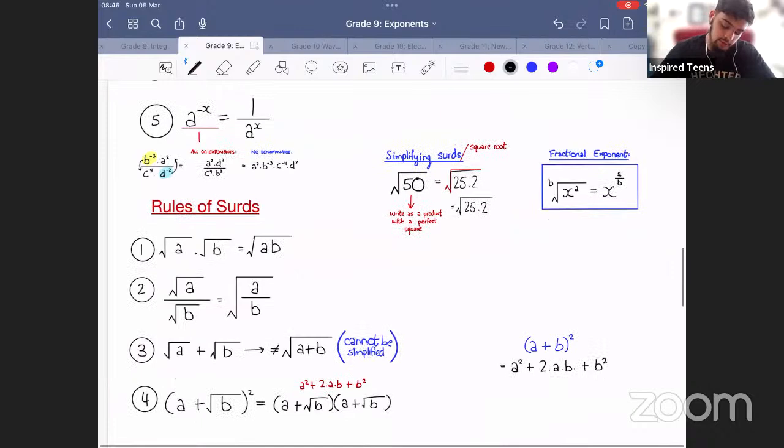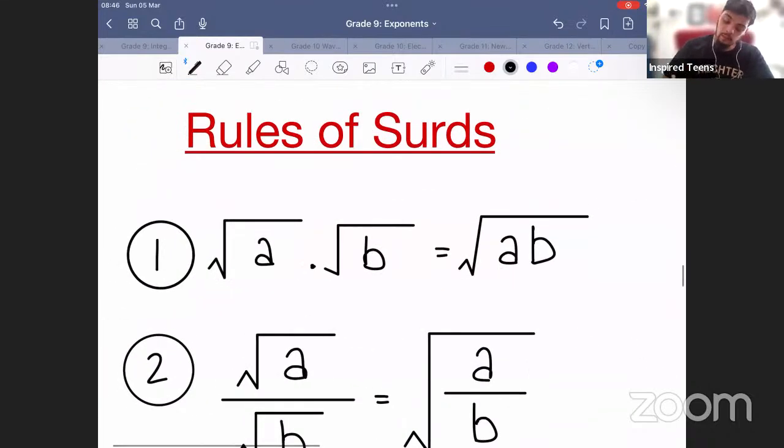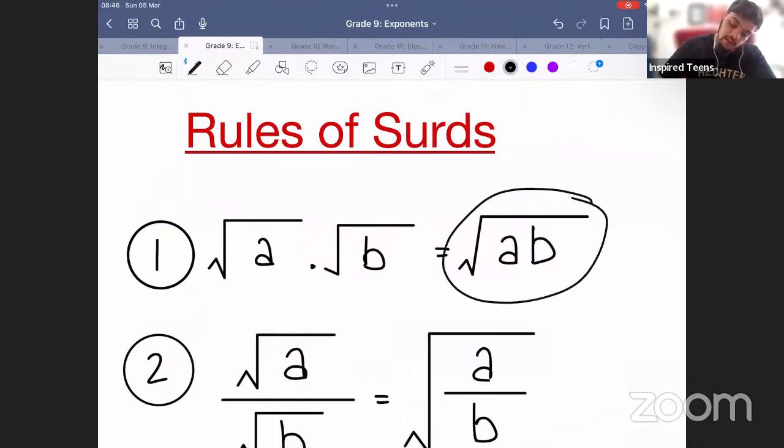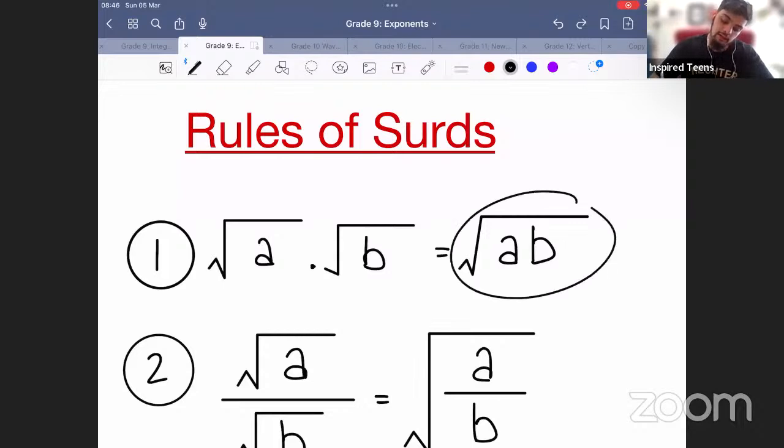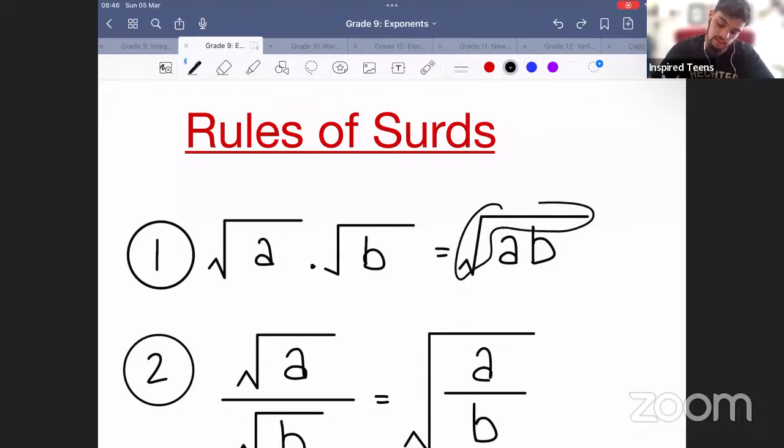Now you'll see we'll actually do the first surd rule: when we have a multiplication inside of a surd, it can be separated into its own surd. Does that make sense? So here's my surd, and I have a times b. I can rewrite this as square root a times square root b.